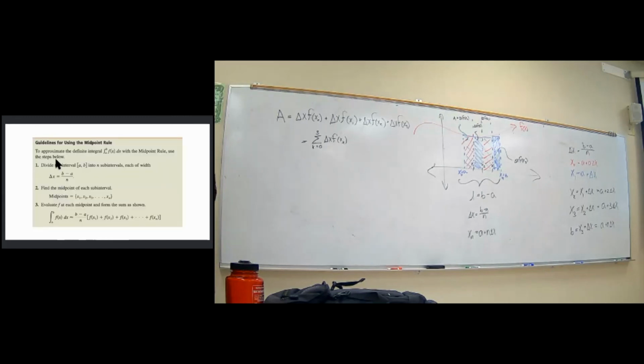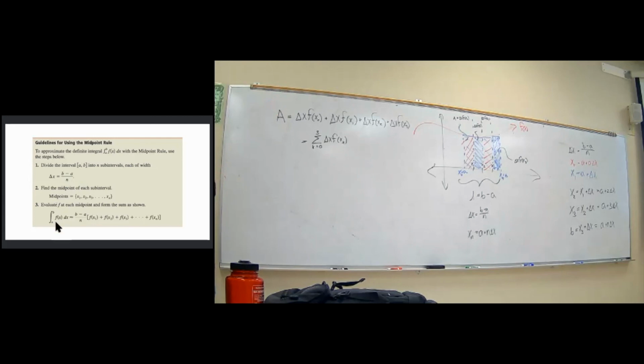And the general guideline for using what is called the midpoint rule is going to be, all right, take your delta x to be b minus a, so the endpoints of your interval, and you're going to divide it by the number of subintervals. Then you're going to find the middle of each of those subintervals.